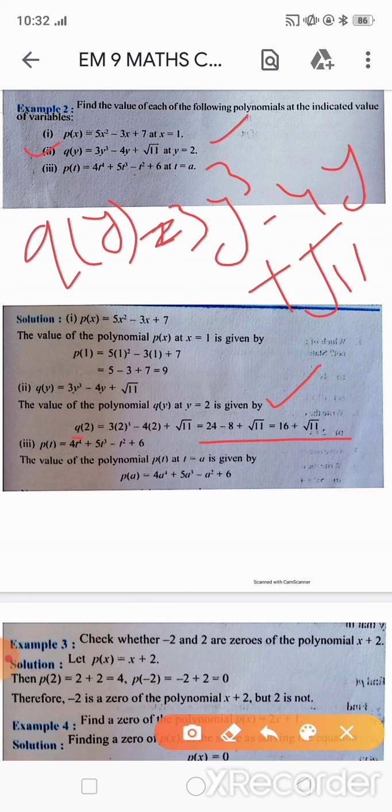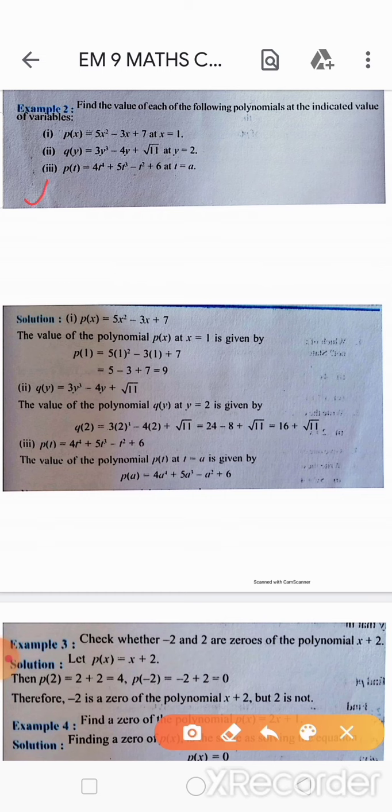Simplifying this step, we get 24 minus 8 plus root 11, and the answer is 16 plus root 11. So at y equal to 2, the polynomial value is 16 plus root 11.